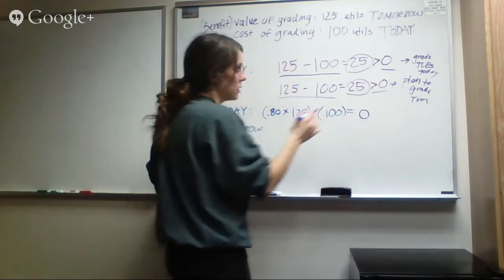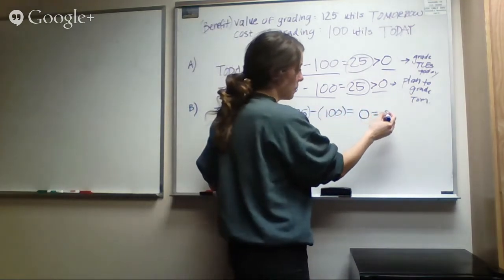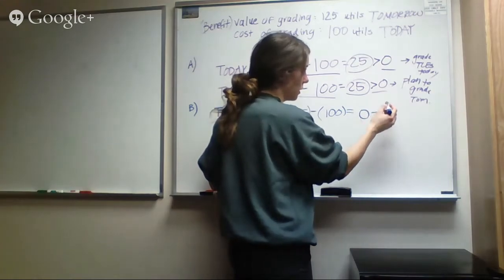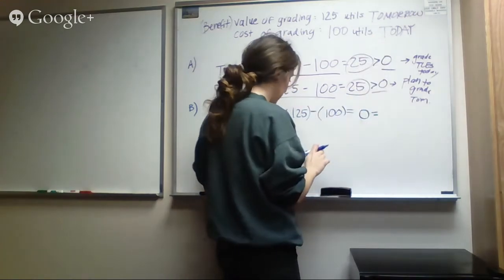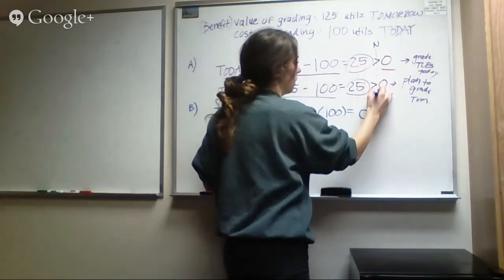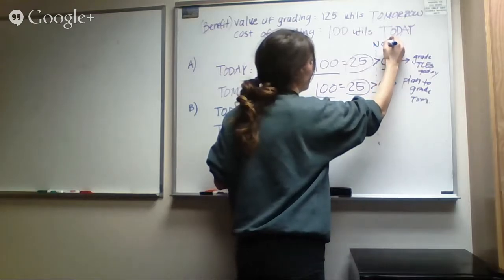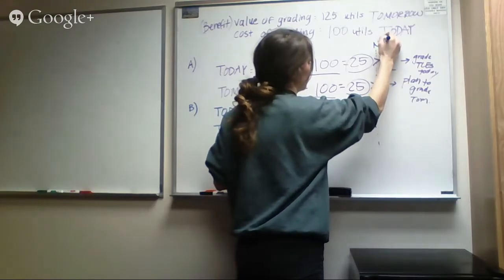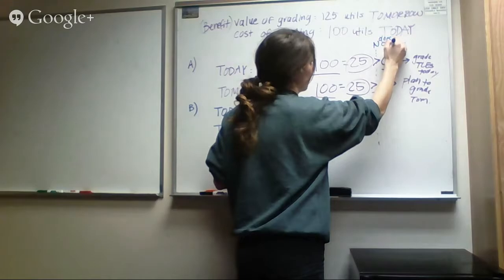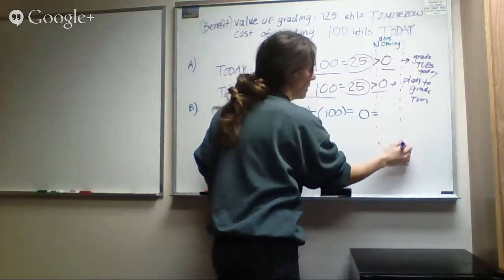And so this time it's going to be equal to what happens if he doesn't act at all. So this is going to be the does-nothing option, in this little column here.